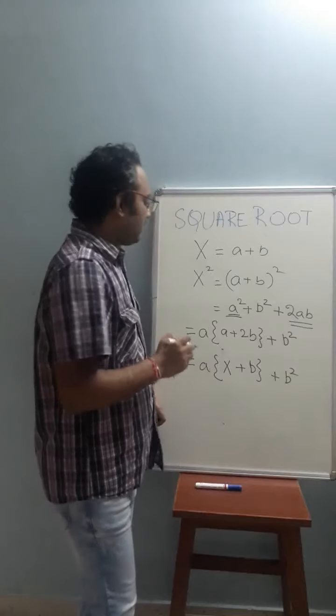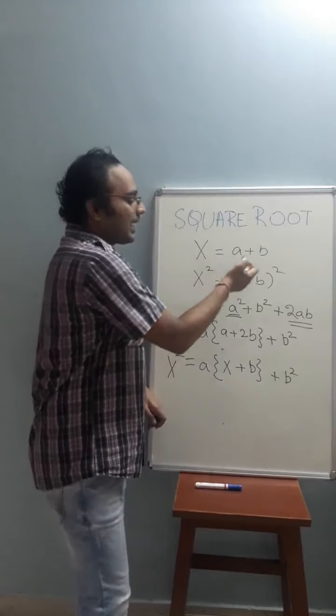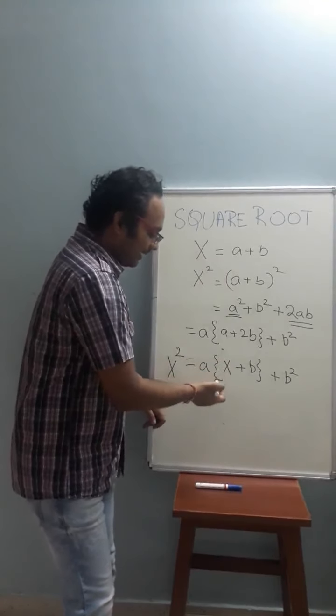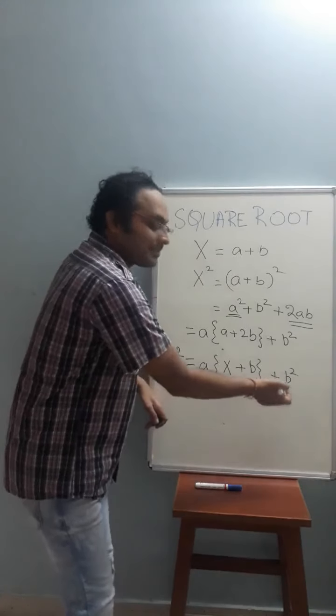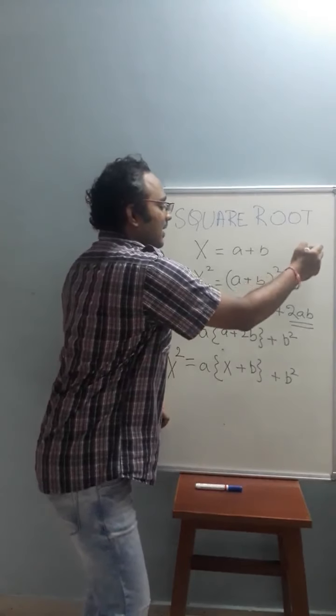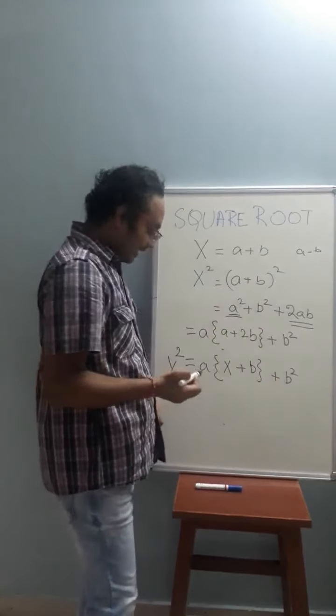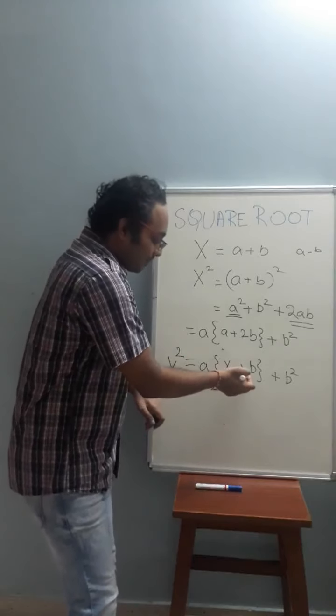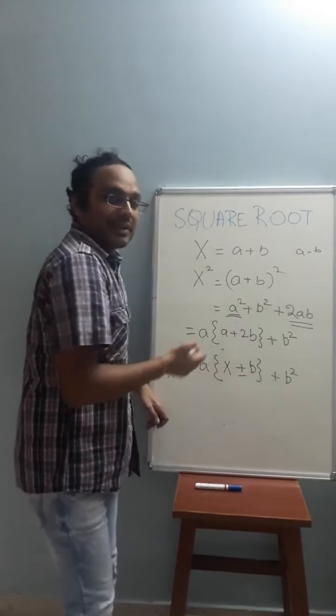So if x is equal to a plus b, x square is equal to a into x plus b plus b square. If x is expressed in terms of a minus b, then x square would have been a into x minus b plus b square.